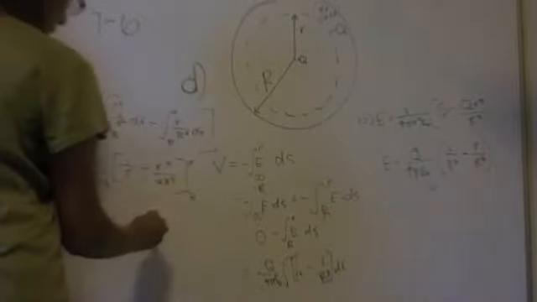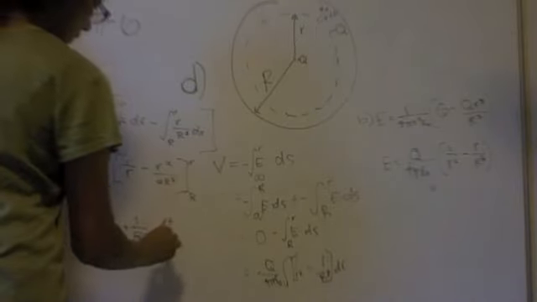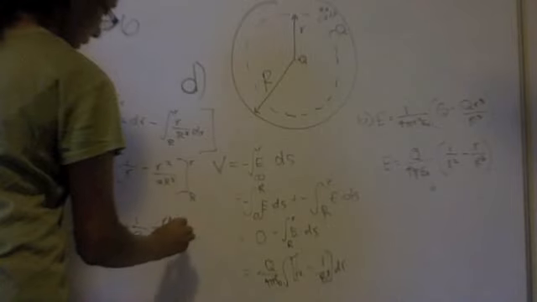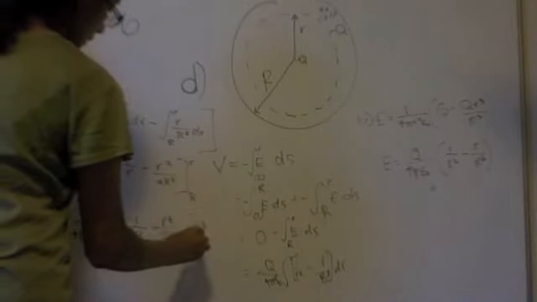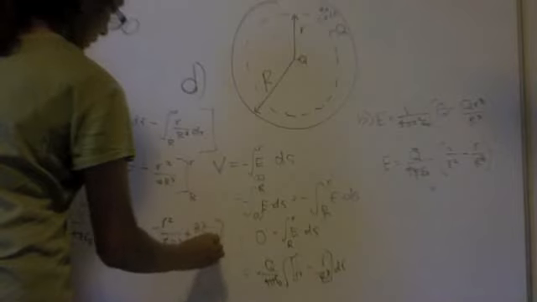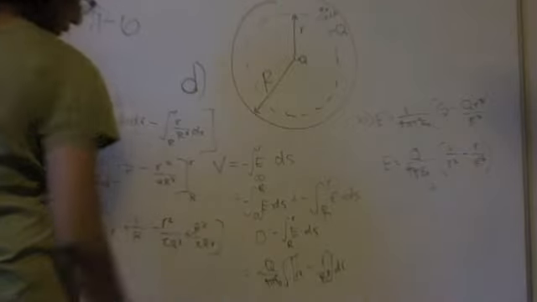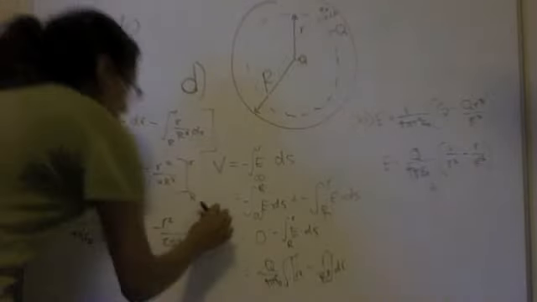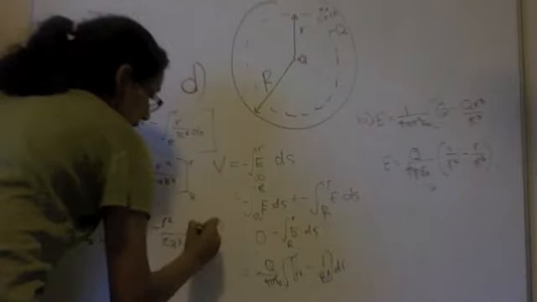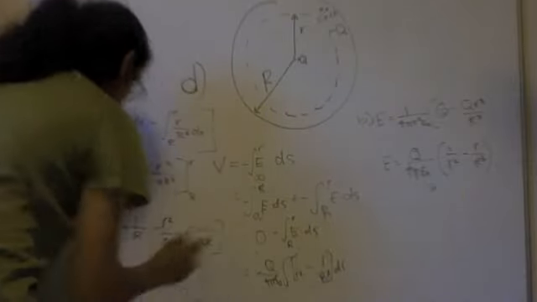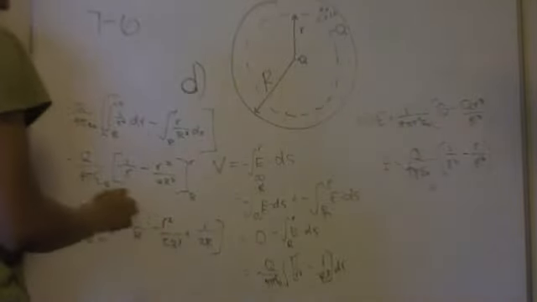And then minus r squared over 2 R cubed, and then plus big R squared over 2 R cubed. And so you can cancel this out and just get 1 over 2 big R. And so you can simplify this even further.